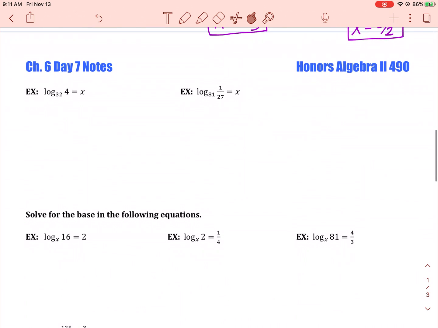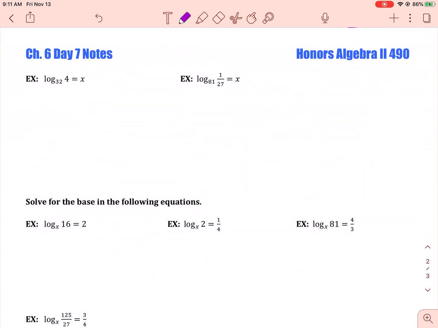We're going to do the same thing now on the back side. We're going to have your base raised to x equals the argument. We're going to do the same thing as the last example and really simplify both terms to the smallest base. Hopefully you realize 2 squared is the smallest base of 4. And I'm really hoping I can get 32 to have a base of 2.